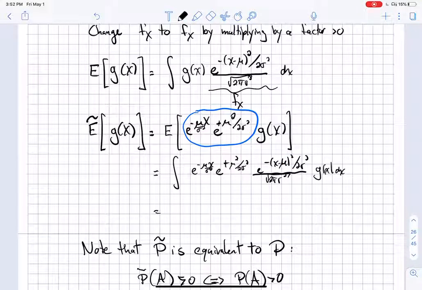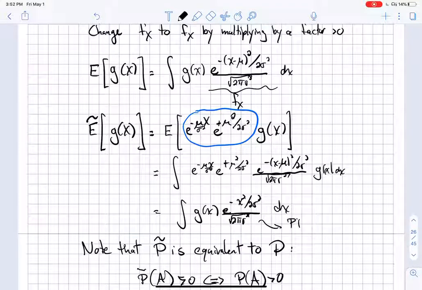So what I'm going to get in the end is just the integral of g of x times the one I get for a PDF, dx. So this is the PDF of a normal 0, sigma square. By introducing this factor inside my expectation, I change the PDF to the one of mean 0.